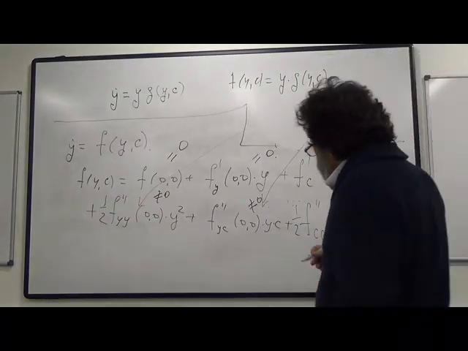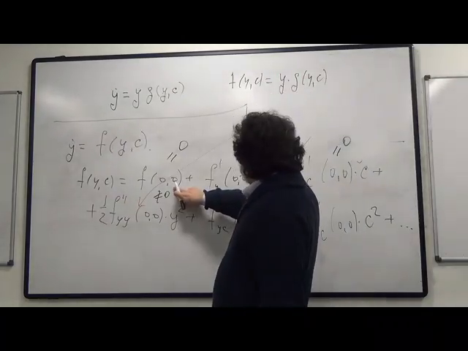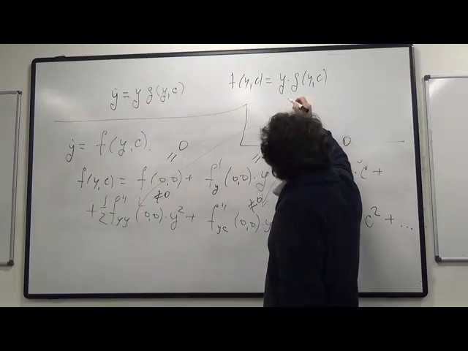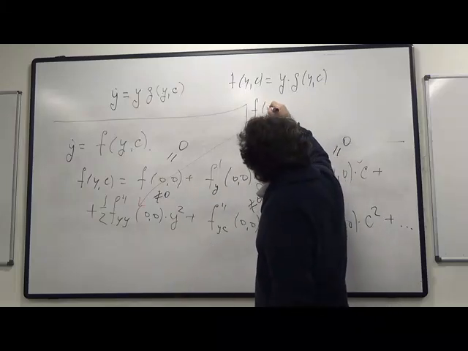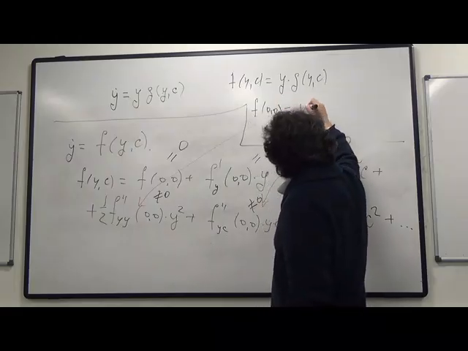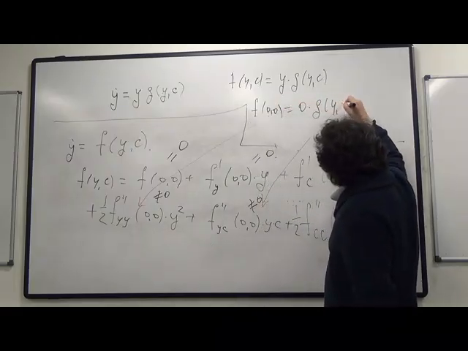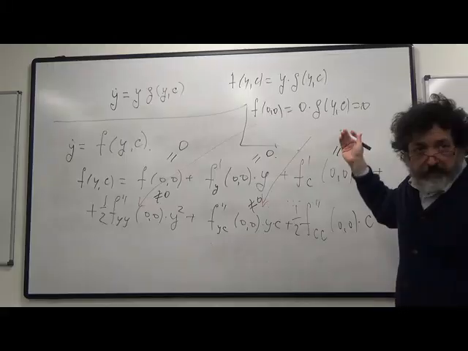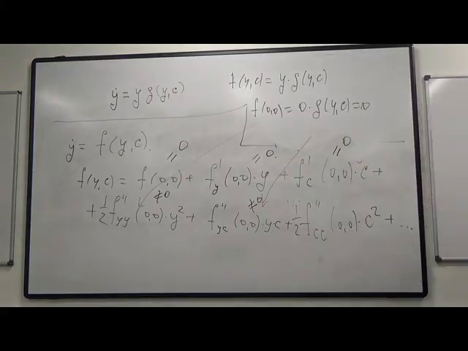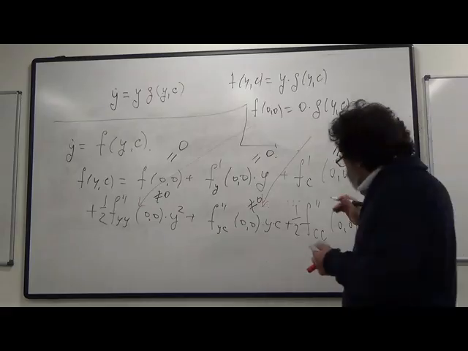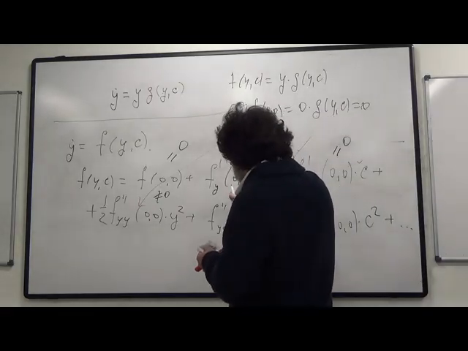Now, f at 0, 0 will be equal to 0 times g of y, c, and this is 0. It's fine, satisfied. It doesn't matter what g is.